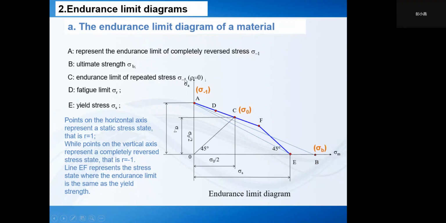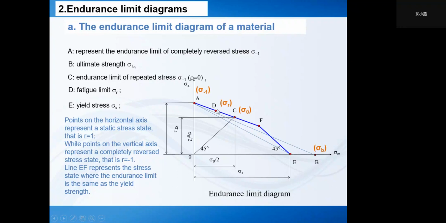Oh, there is a little mistake. Not sigma minus 1, it's sigma 0. And at C, the stress ratio R is 0, okay?